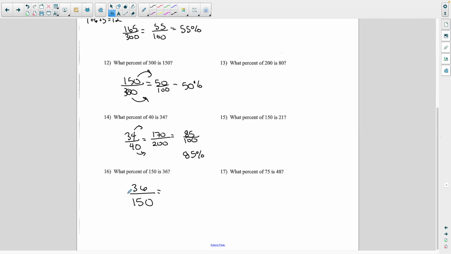Let's make it up to 300. So multiply this by 2, which gives us 72 over 300. Now I can easily divide this by 3. So 72 divided by 3 would give us 24, and that would give us 24%.